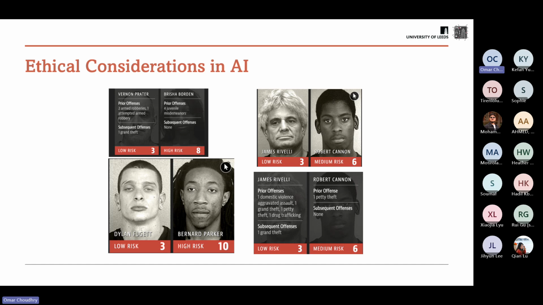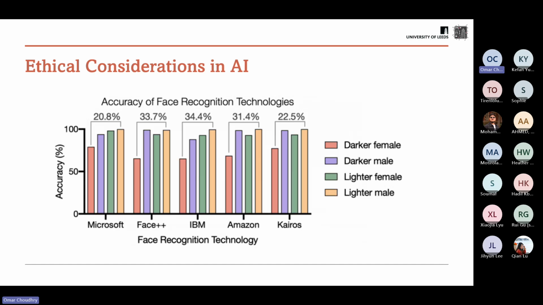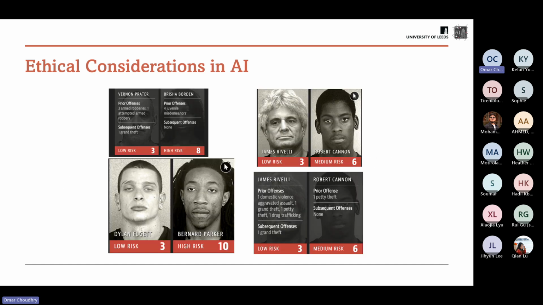And this is a really big problem because essentially, not only are you keeping certain people in for longer than they need to be, but you're letting people out who potentially did, in fact, have subsequent offenses. And this is a really big problem with AI, and it's very biased because AI uses the data that we gave it.